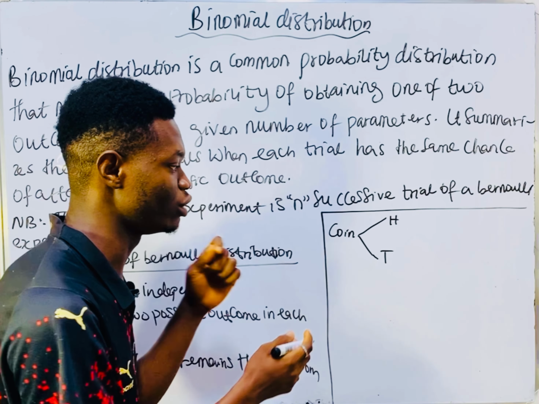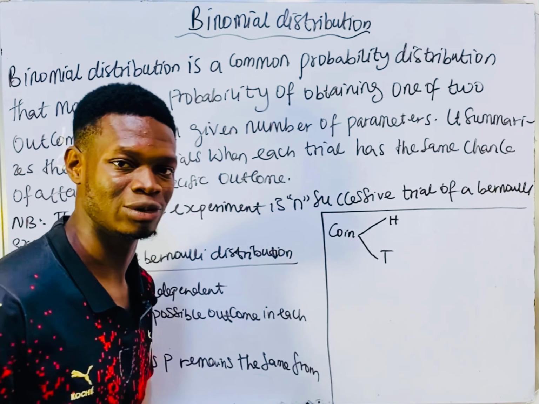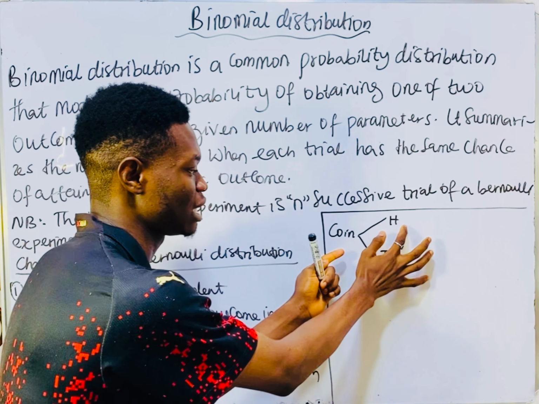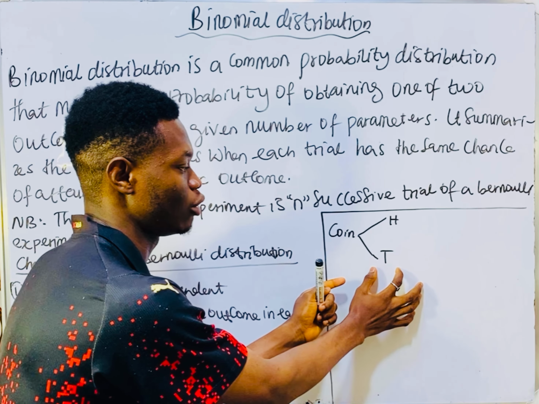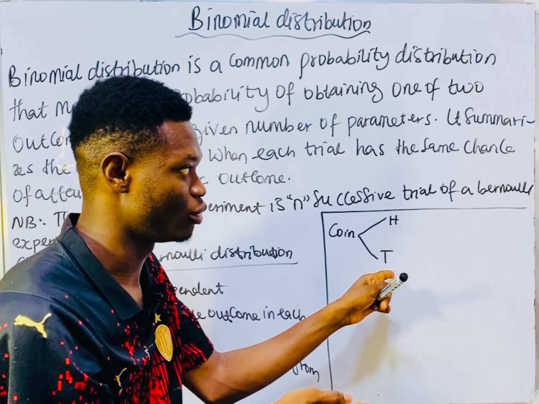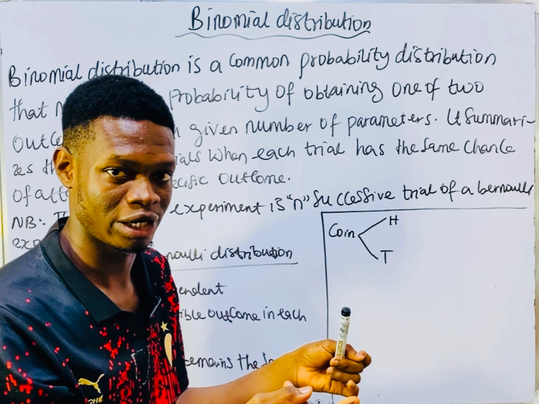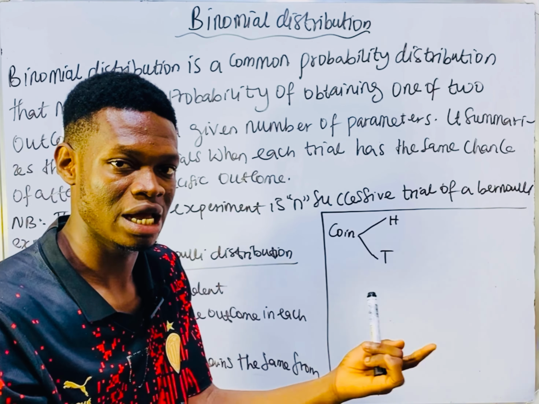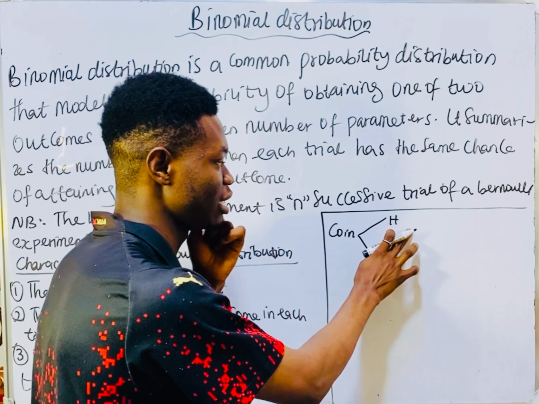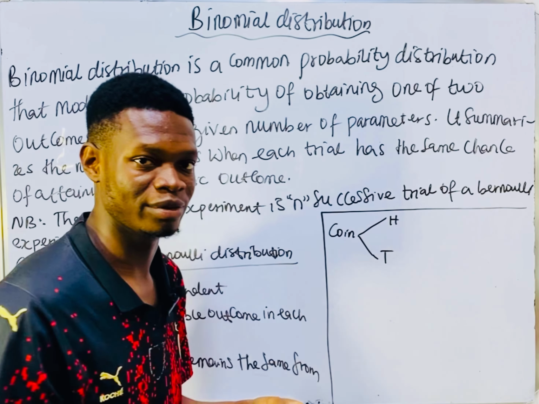You have a coin, it has two possible outcomes, head and a tail. When you flip a coin once, you are going to obtain head or tail. These are the two possible outcomes. Maybe you tell yourself that the probability of obtaining head is success, the probability of obtaining tail is what?